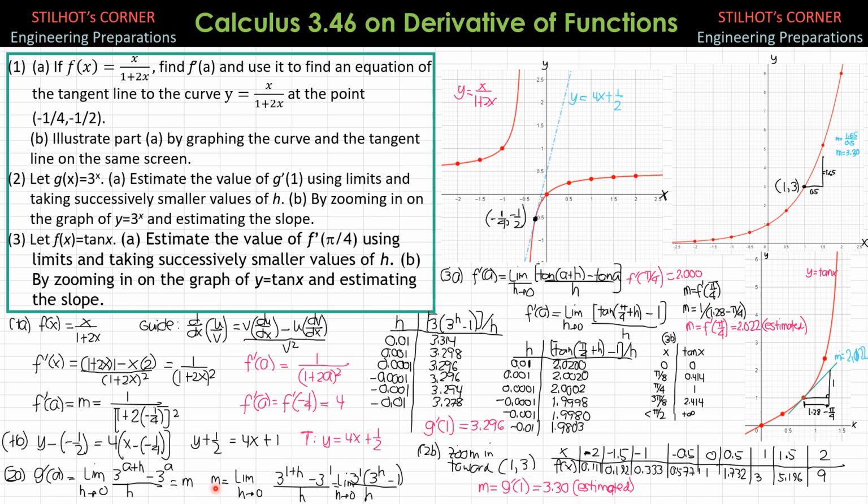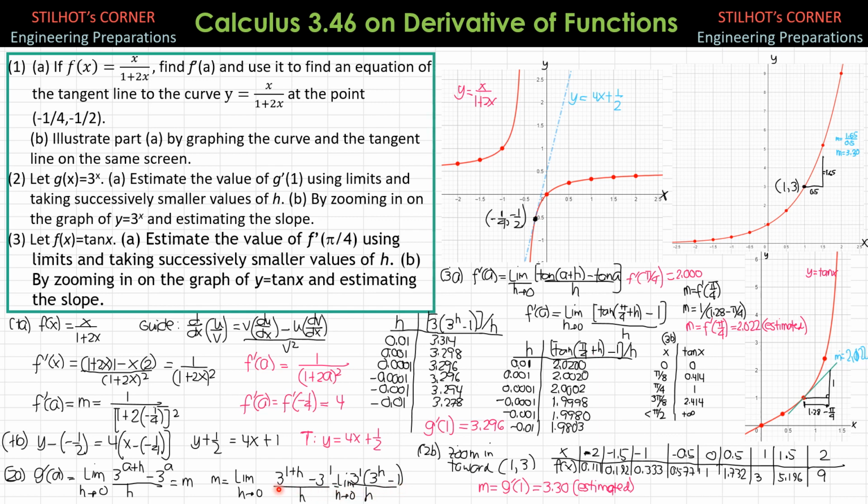So the slope is the limit as h approaches 0 of 3 to the 1 plus h minus 3 to the 1 over h, because we have g prime at 1. Factor out 3. So this is 3 to the 1 times quantity 3 to the h minus 1 all over h as h approaches 0.